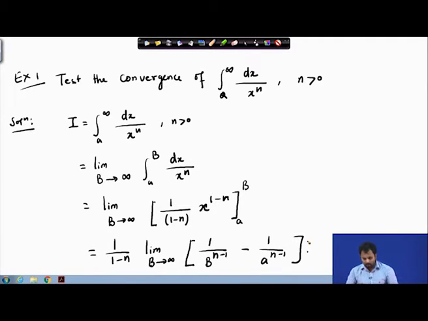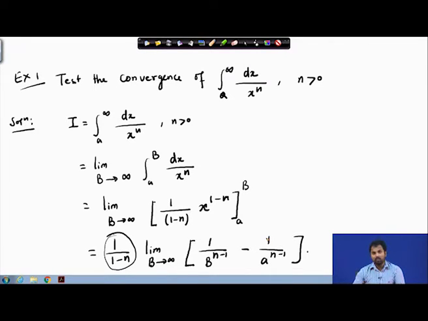Now we can see here that, first of all, it does not matter whether b goes to infinity or not. If n is 1, then in that case this here would be undefined. So our very first criterion is that n cannot be 1.